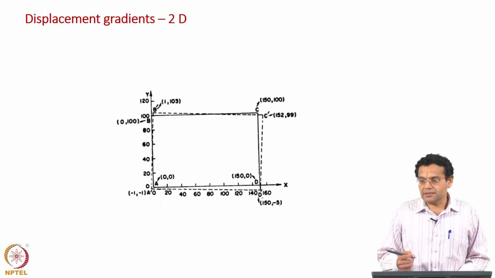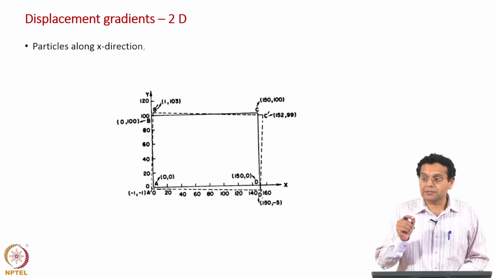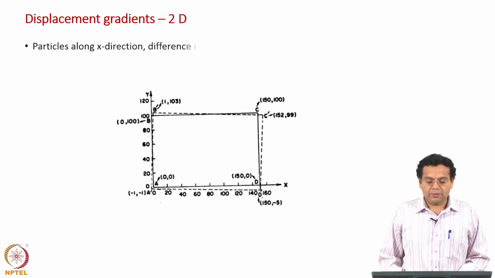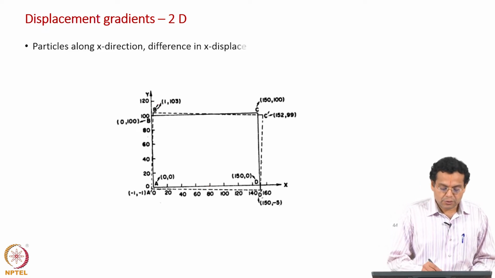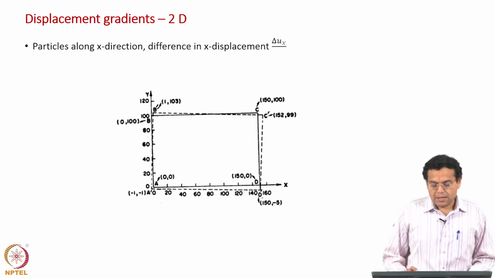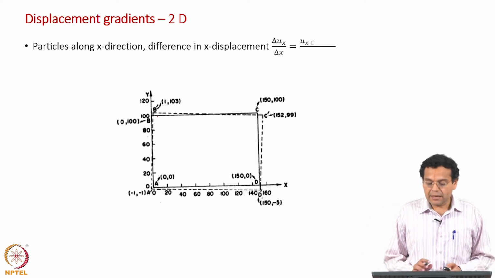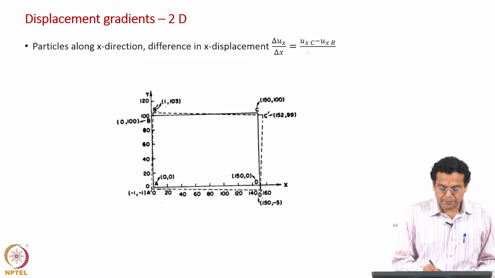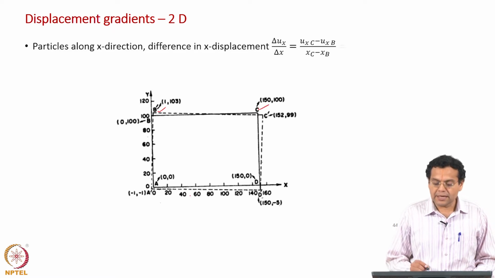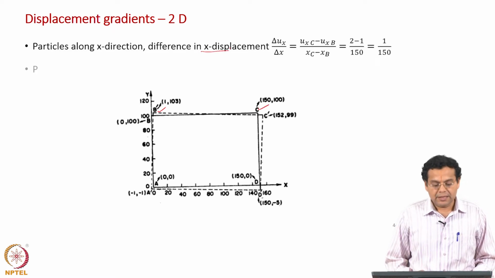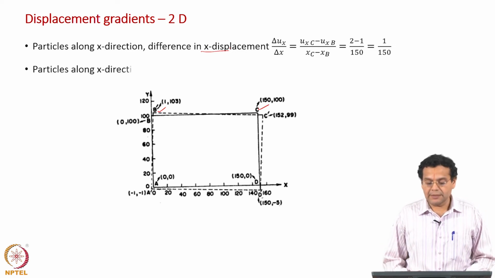These slides are just for recall of what we have seen earlier. So, let us go through them. These slides we discussed earlier for calculating the displacement gradients. Now, what did we do? We took 2 particles along x direction. Okay. We took B and C and looked at the difference in x displacement, and then we took the same 2 particles B and C and looked at the difference in y displacement.